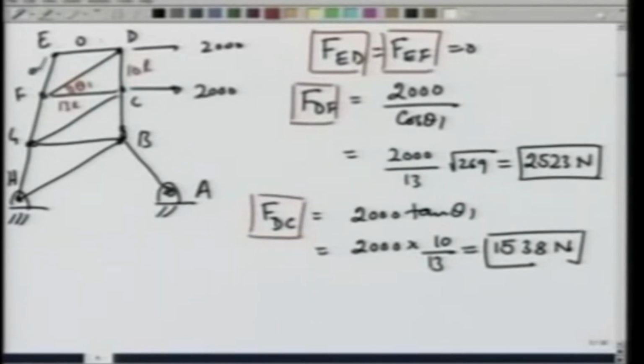We found this, we found this, we have found this, we have found this. Now, we can move on to point F, because on point F, now I know two forces, F_FD and F_EF, and two unknown forces are going to be F_FC and F_FG. So, with two equations I can find these forces also. Let us do that next.